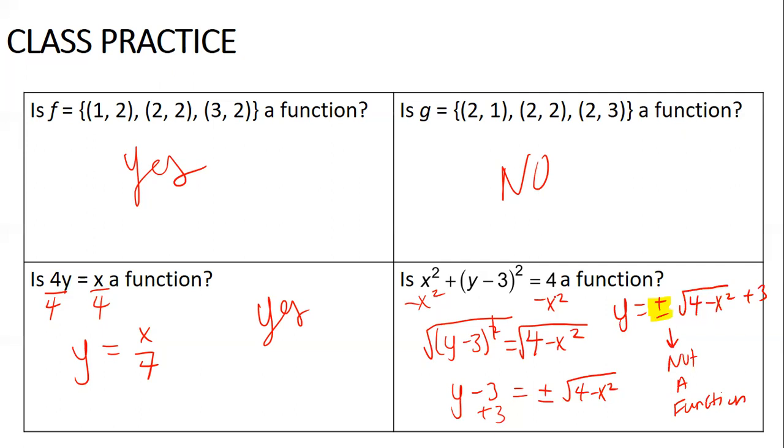That plus or minus means that I'm gonna have to plug in 1 first time as a positive and solve it. Plug in 1 second time as a negative and solve it. And can you put the input in twice? It's not a function. Think about a vending machine. When you put in the money for the vending machine, do you get to make 2 input options? No. It doesn't function that way.